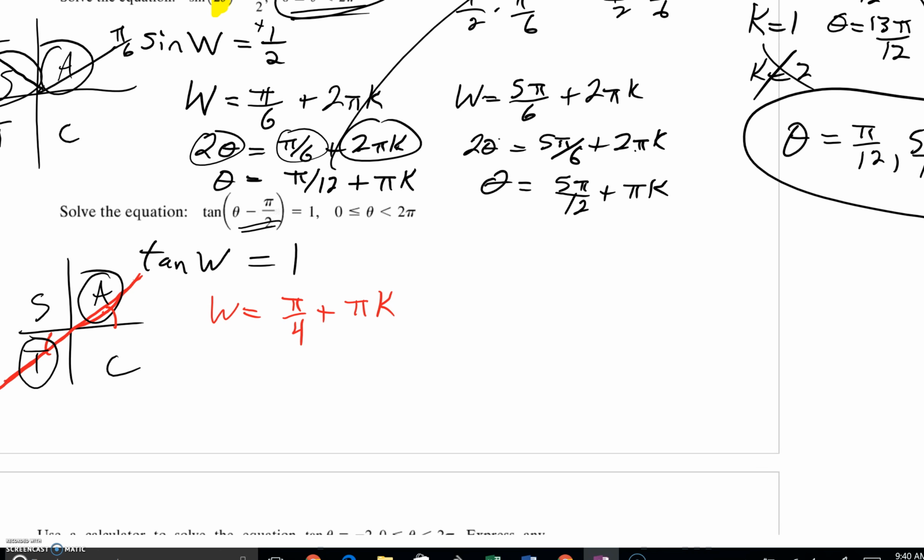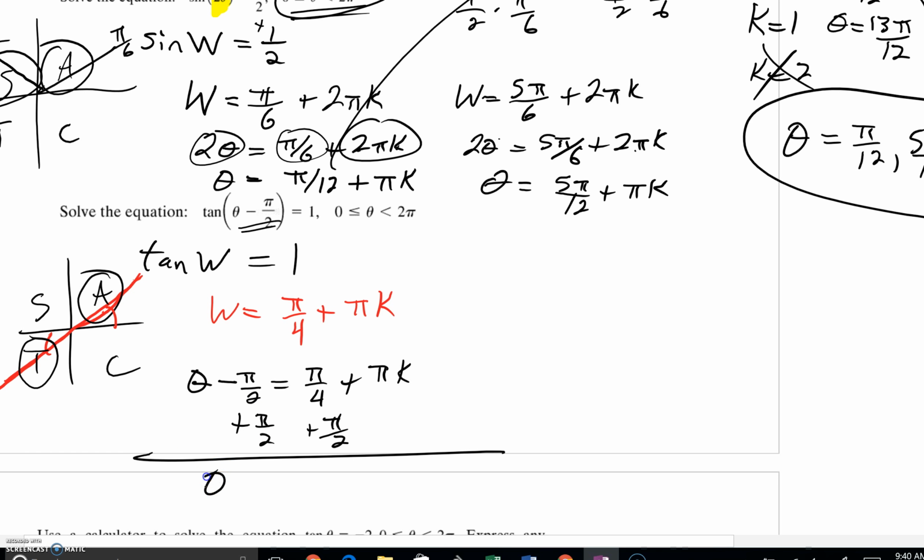Why do we do this? This is so elegant and simple to write out your solution set. Now what? Well, from here, you could say this is theta minus pi over 2. Okay? So I'm going to very quickly just add my pi over 2 to both sides. And let's see what would happen.